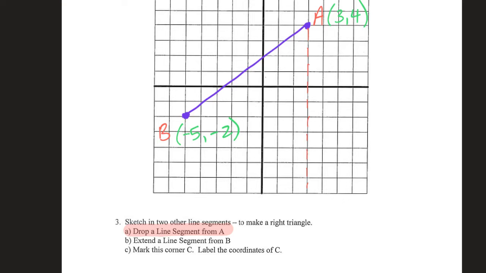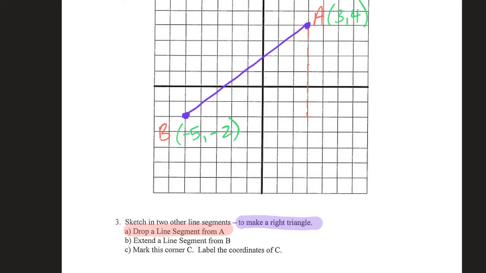If the whole purpose of this is to make a right triangle, then all I really need to do is go down until I'm directly across from point B. Now I'm going to get rid of all of that, and I'm now going to make that solid right there.